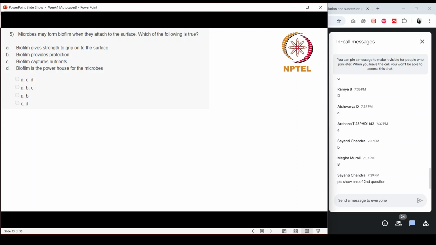Coming back to question number 5. Microbes may form biofilm when they attach to the surface. Which of the following is true? What happens when they form a biofilm?